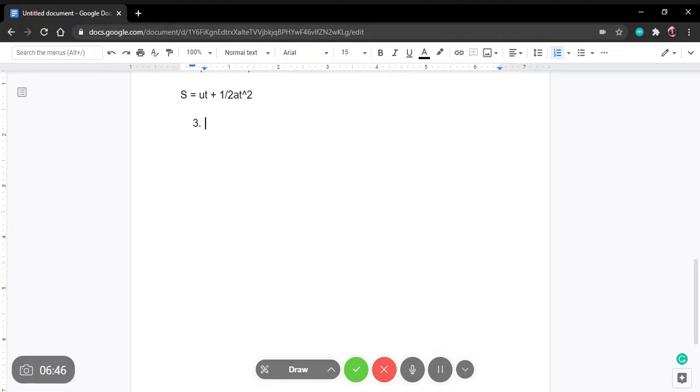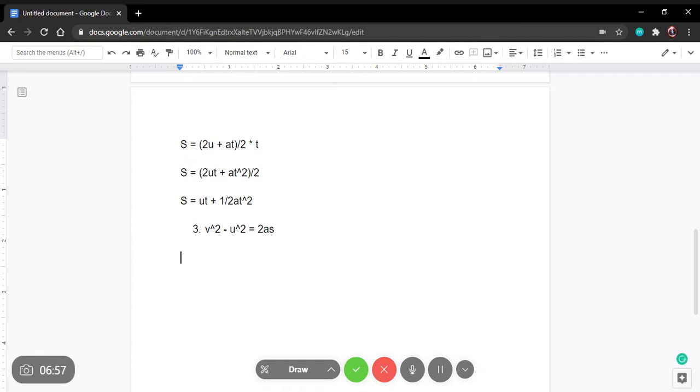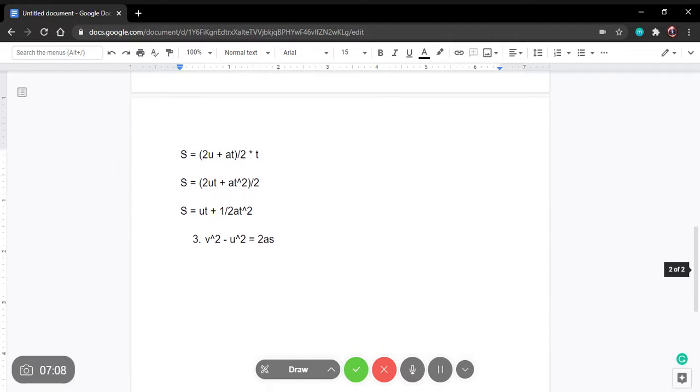Here comes the third equation of motion, which is really easy to derive. v squared minus u squared is equal to 2as. We need to bring out a similar perspective of how we derive the second equation of motion. So now we start with s. We start with displacement.